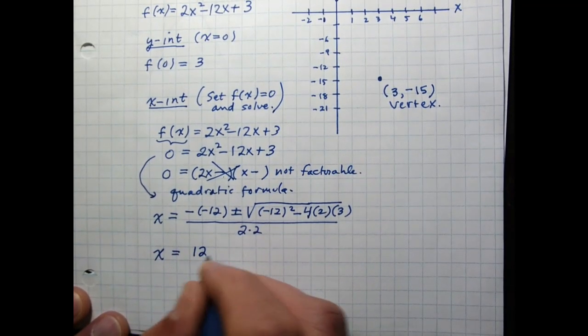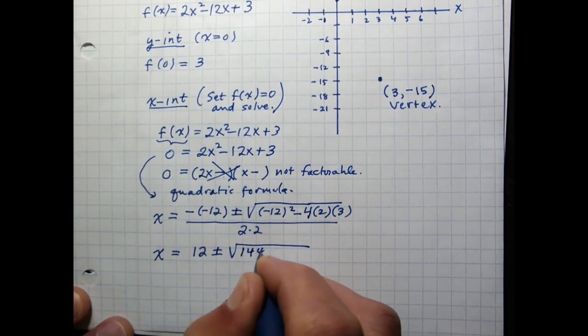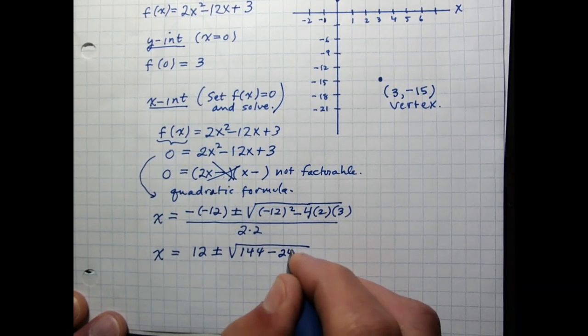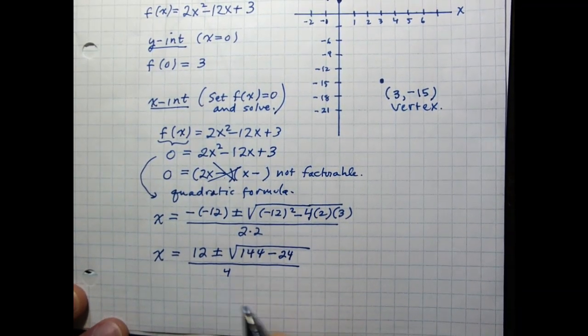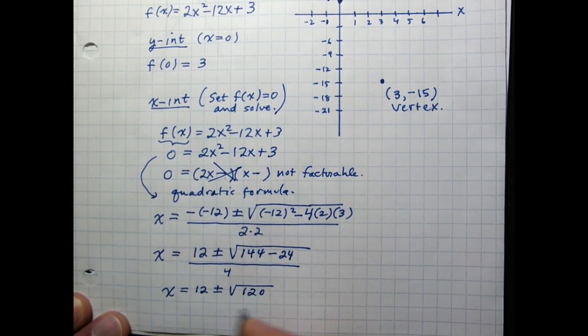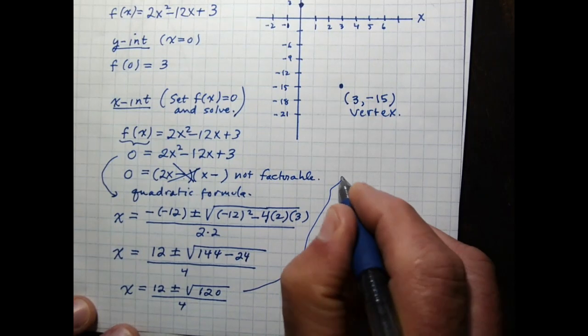So x is equal to positive 12 plus or minus the square root of 144 minus 24, all over 4. X equals 12 plus or minus the square root of 120 over 4. So a lot of square root simplifying going on here.